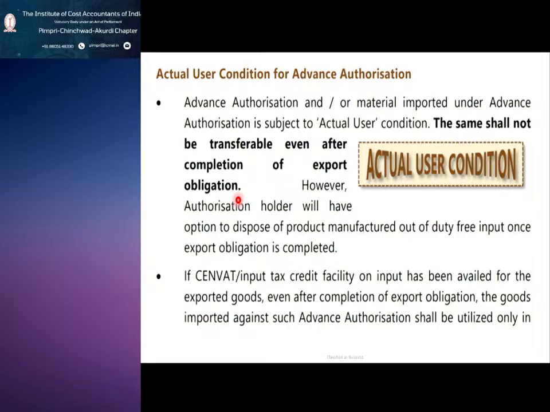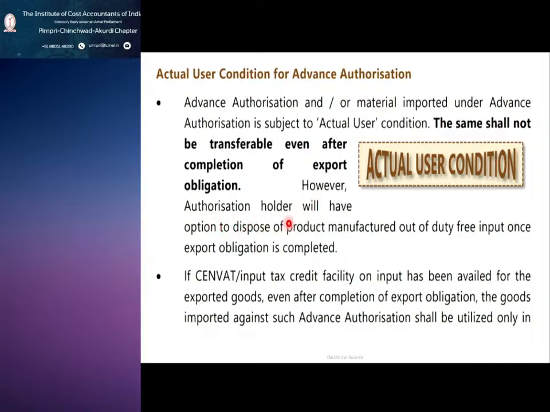So if you have excess raw material, you are not allowed to transfer it, even after completion of the export obligation.